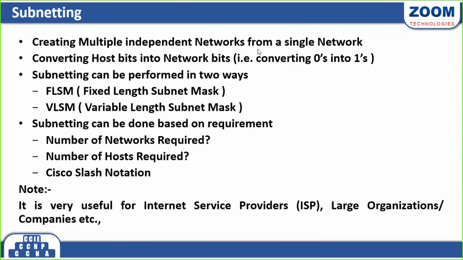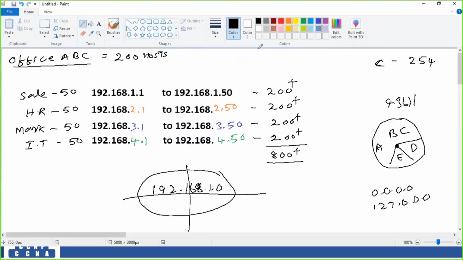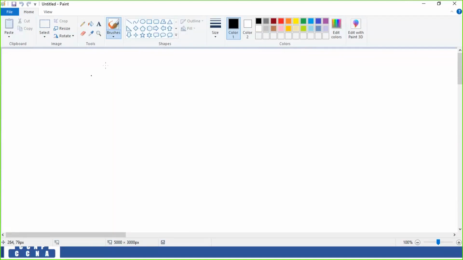Okay, so now the task is we need to use one network and divide it into multiple parts.